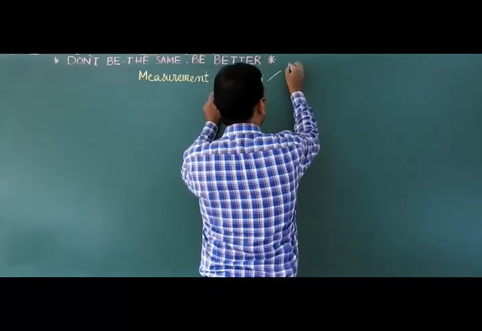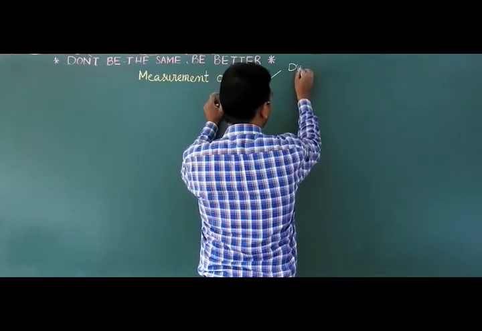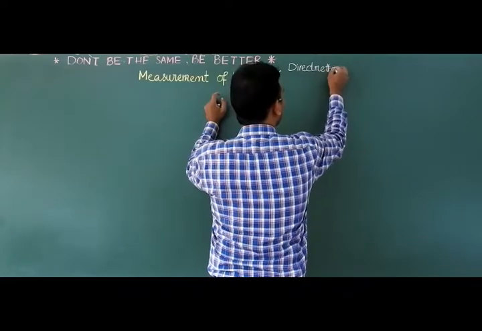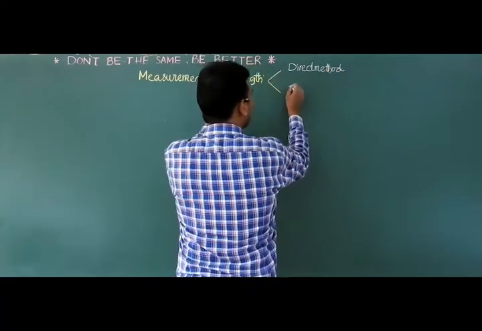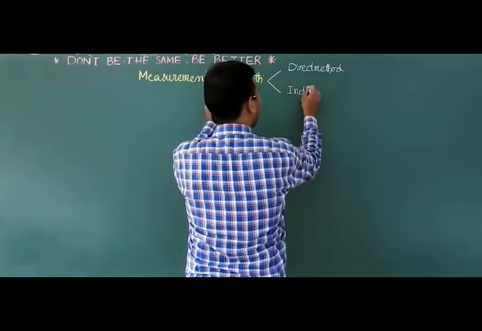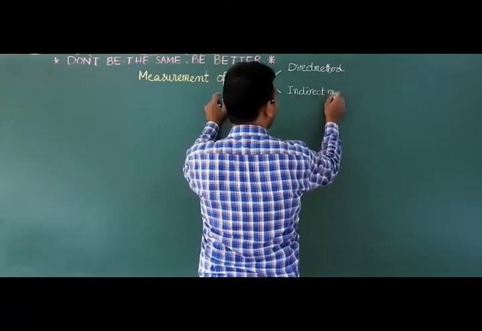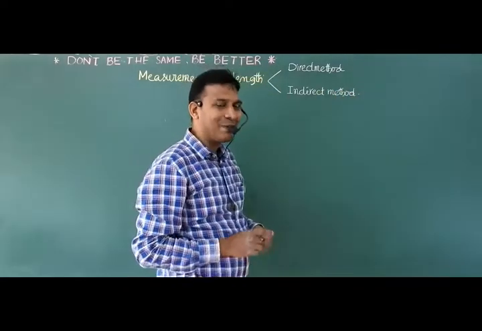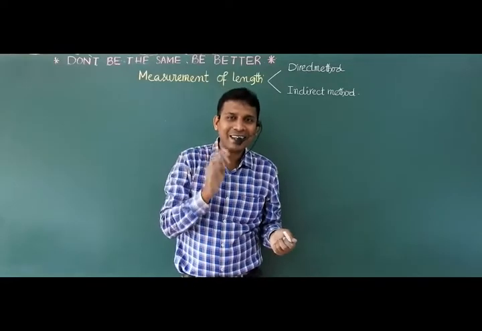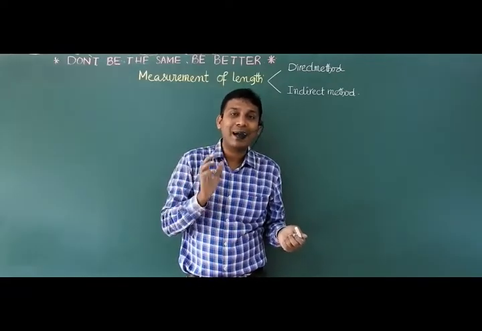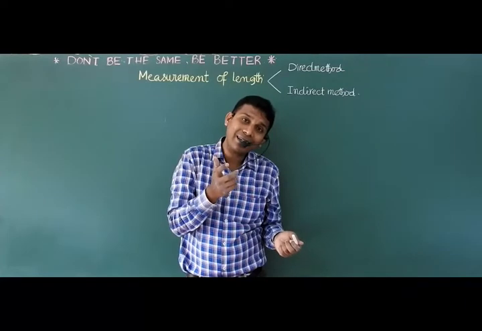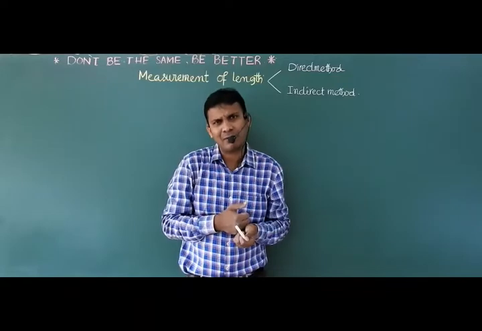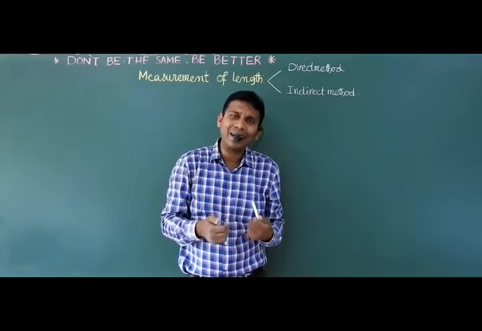One is the direct method, another one is the indirect method. What is the definition of physical quantity? Do you remember? A quantity which can be measured directly or indirectly is known as a physical quantity.